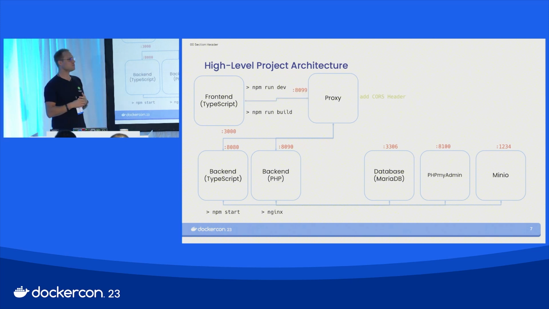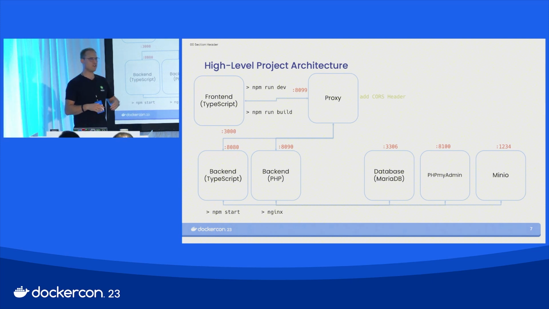So then you have NPM, where your local front end is talking to your proxy server, which is hopefully NGINX on your local machine, and this will proxy to the different Docker containers on port 8080, 8090, and add some CORS headers. You can even have NGINX listen on port 8091, 8092, and then proxy to your containers as well.